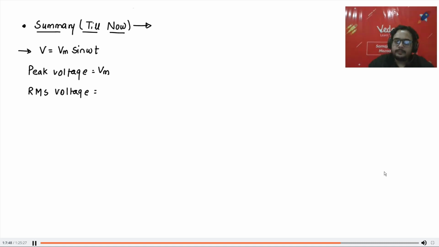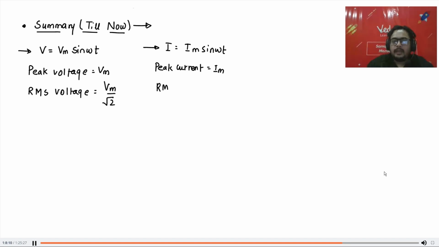Okay. Similarly, current that will be given to you is Im sine omega t. Then peak current is Im, and RMS current is Im by root 2.